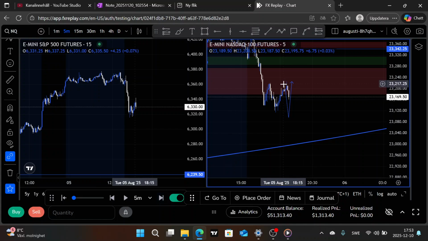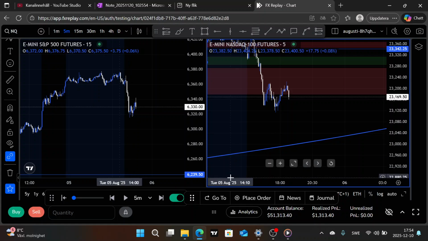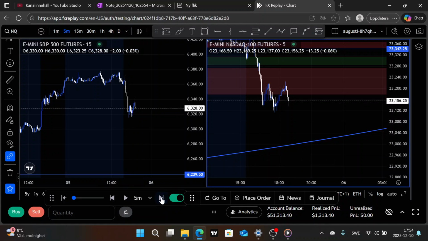No, I think this was completely opposite. This right here is turtle soup, and it is continuation to the downside.